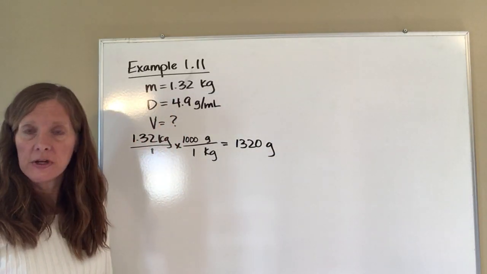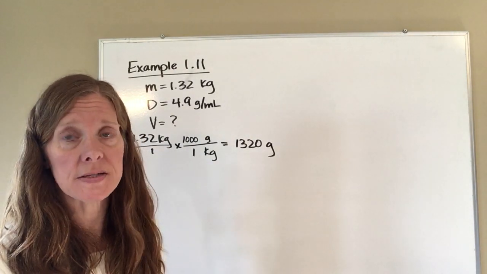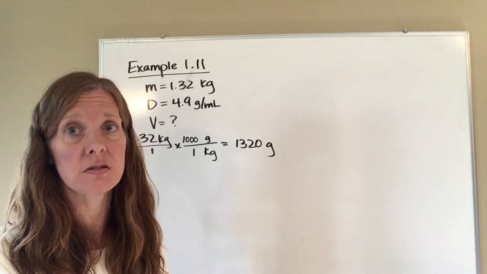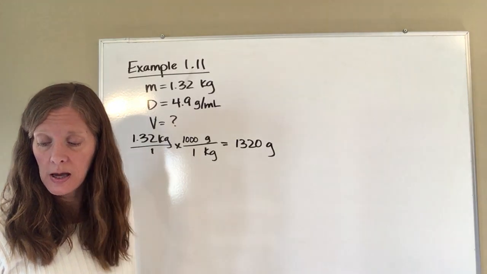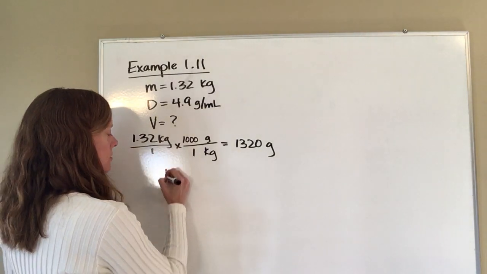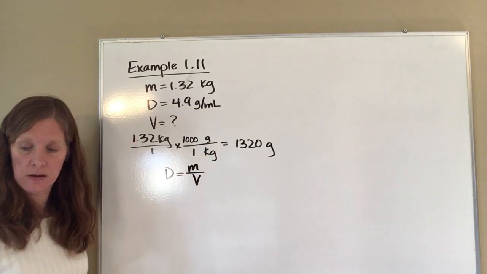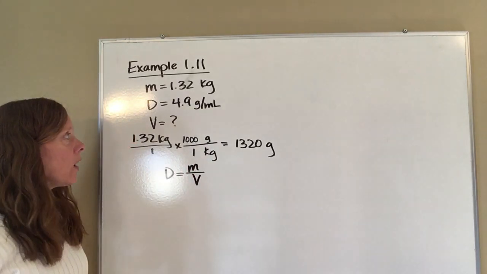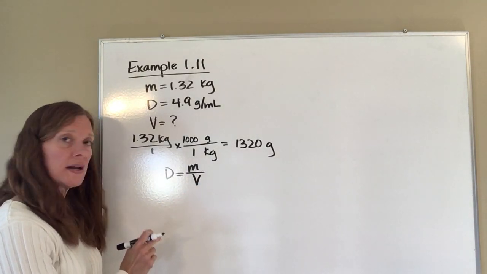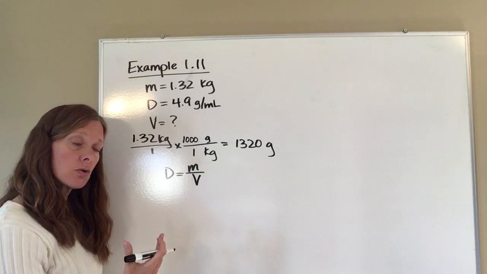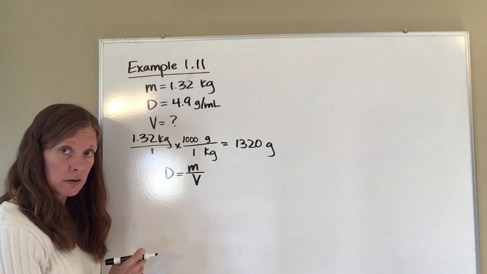Okay? Now, there's a couple of different ways that you can do this. I'm going to work the problem twice and show you two different ways, and you can use whatever is easiest for you. The way that he does it in the book is like this. He knows that density is mass over volume, except when he does it, he writes out all the words. What he wants is volume. So he's going to rearrange the equation so that he gets the V by itself on one side.